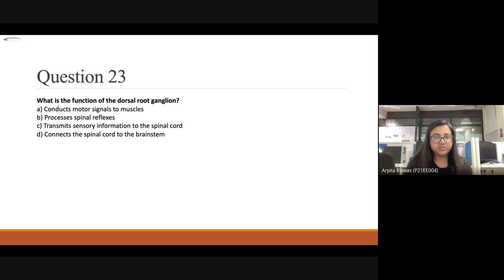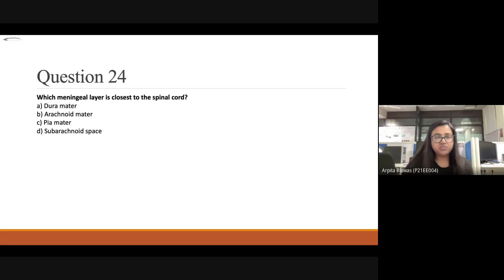The right option is option C, transmit the sensory information to the spinal cord. Okay. Next, move to question number 24. Which meningeal layer is closest to the spinal cord? First option is the dura mater. Second is the arachnoid mater. Third option is the pia mater. And option D is the subarachnoid space.